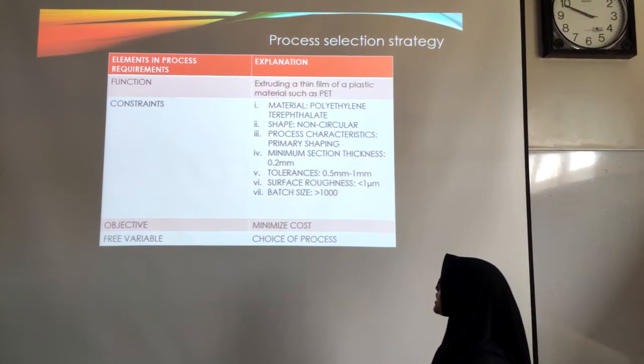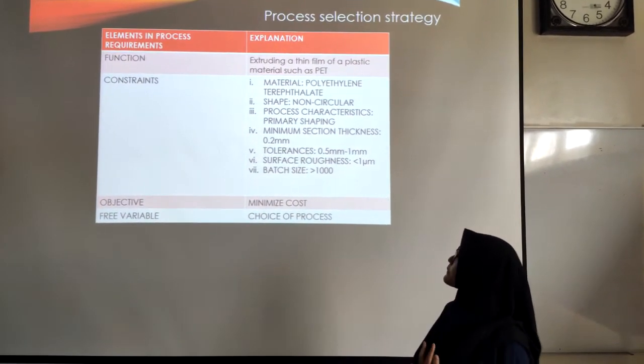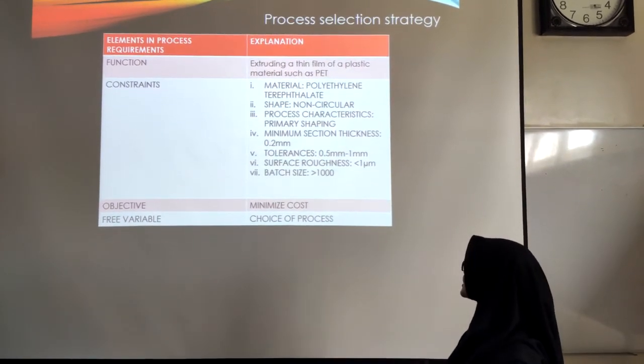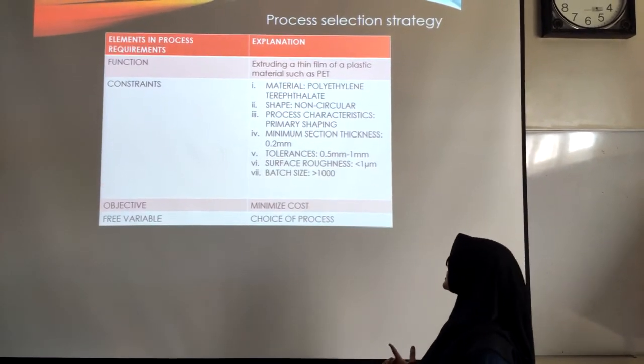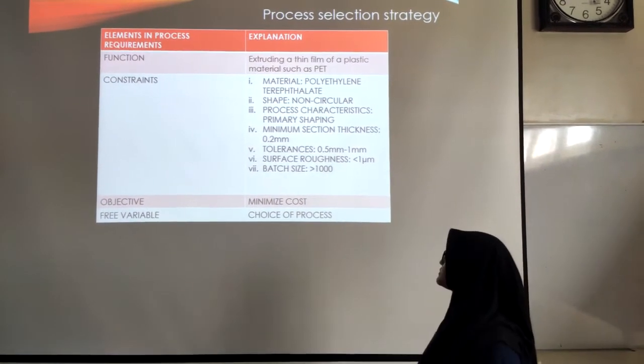So there are 7 attributes for the constraints, which is material. We use polyethylene terephthalate. Shape is non-circular. Process characteristics we decide to use is primary shaping.